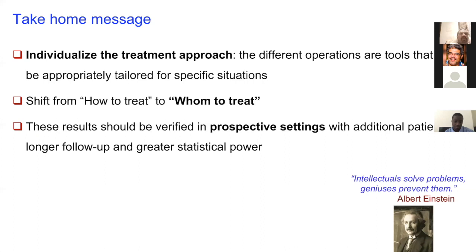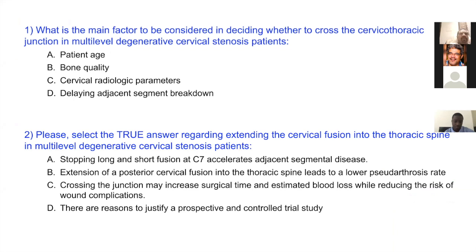Now we understand that we have the opportunity to start a prospective study and have the right answers for our questions. So at the end, we have these 2 questions that I think Oscar wants to have on the screen. I'm going to submit.